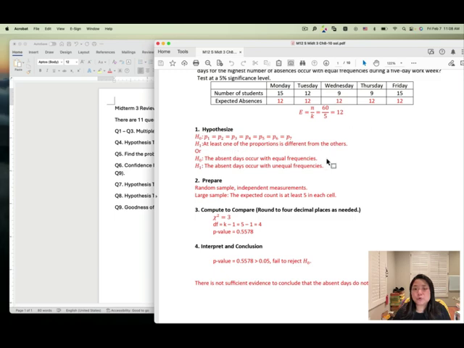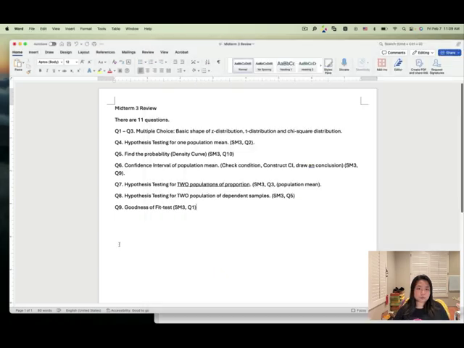Okay, you could use words to write out the null and alternate hypothesis, or you could use math symbols to represent it. And then you need to know the condition and how to compute the chi-square. Okay, you could use the formula or you could use the calculator here. And then make sure you find the degrees of freedom and the p-value.